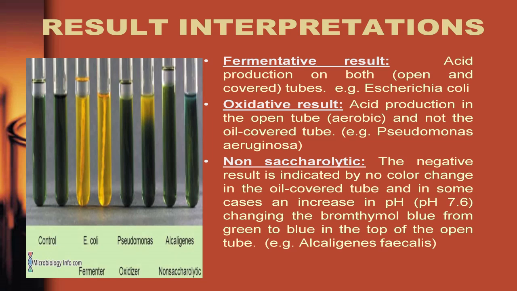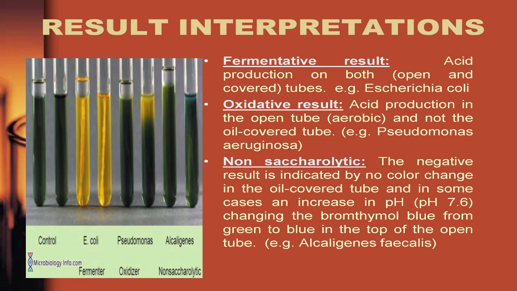An oxidative result will be interpreted when there is acid production in the open tube, which is aerobic, and not in the oil-covered tube, which is anaerobic culture. Non-fermenting bacteria that metabolize glucose via oxidative metabolism give an oxidative result. Example, Pseudomonas aeruginosa.